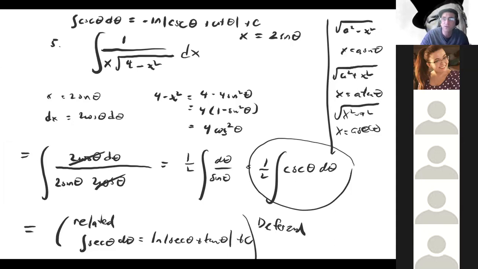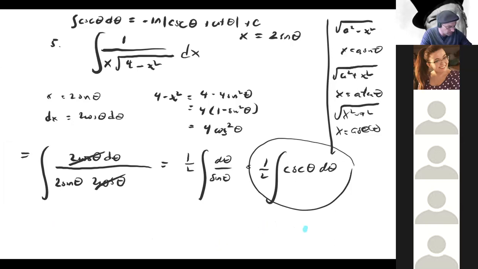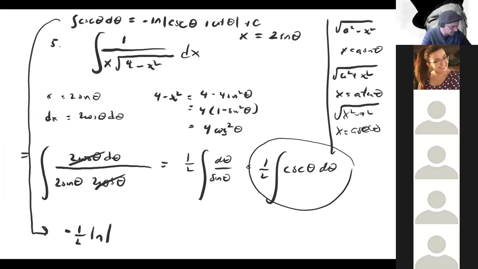So let me save the screen, and then I'm going to erase this and write the answer, but it'll be based on something we haven't done yet. So I'm going to bring this down here, and I'll get minus 1/2 ln of cosecant of theta plus cotangent of theta plus c.